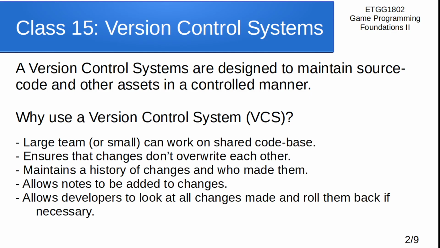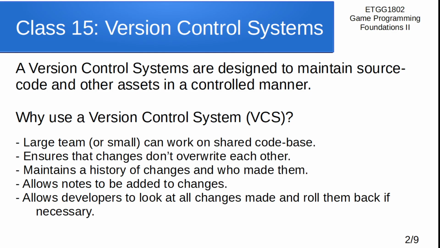It also allows developers to look at all changes made and then roll them back if necessary. So if you have a change that created a problem, or a change that you decided was inappropriate, you can roll that back to a previous version and then start from there as if that change never happened, without having to remember each line of code that change affected.